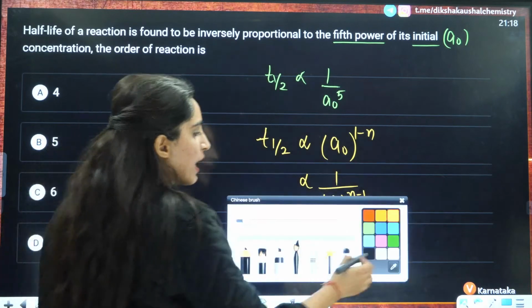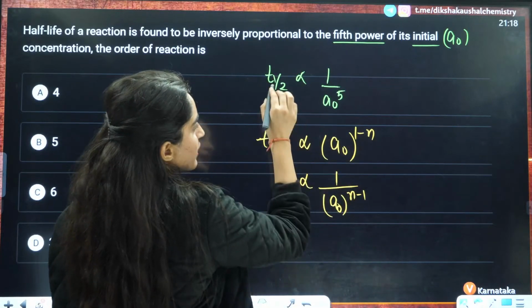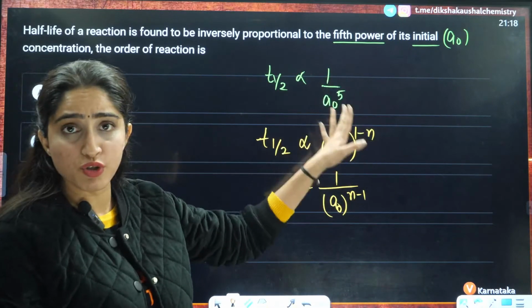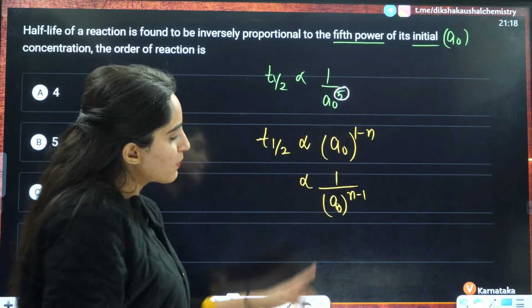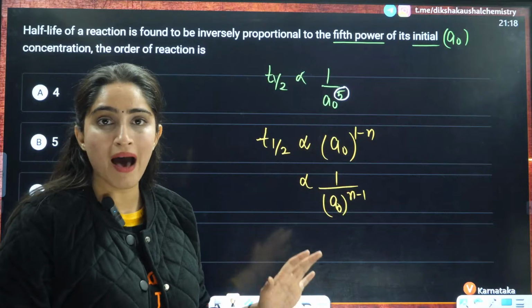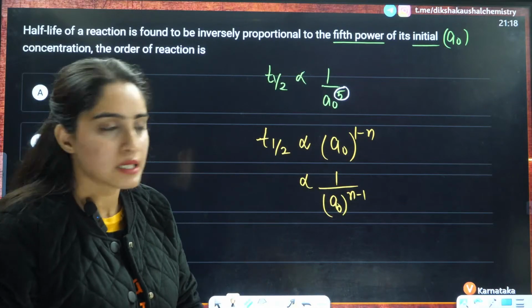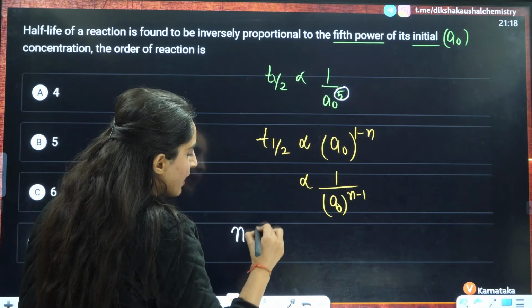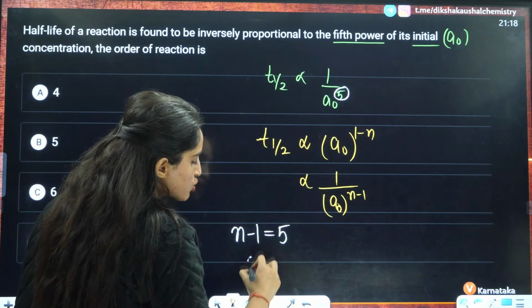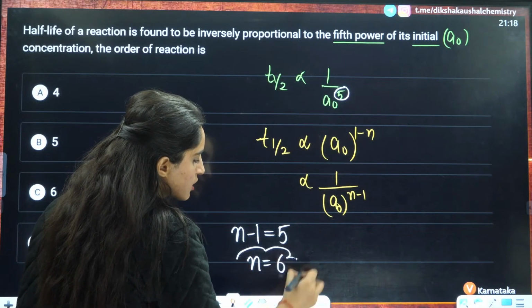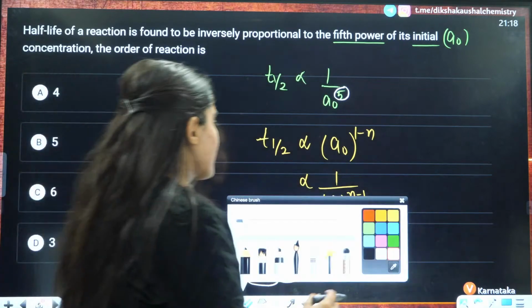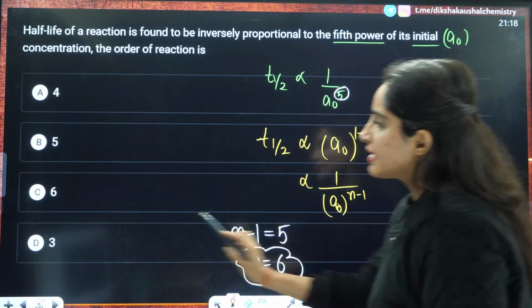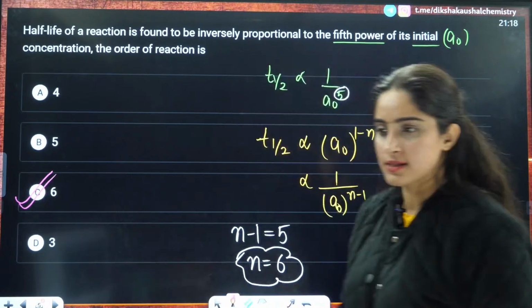If I equate these two things, here T half is inversely proportional to A naught raised to power 5, and here it is inversely proportional to A naught raised to power n minus 1. That means, can I say n minus 1 equals 5? So n will become 6. So that will become my correct answer. So C is going to be the correct answer here.